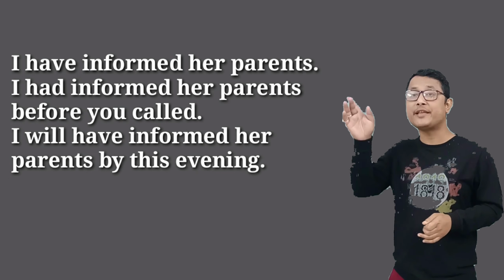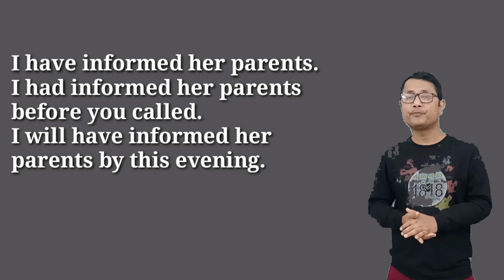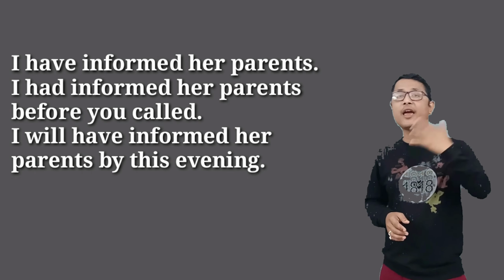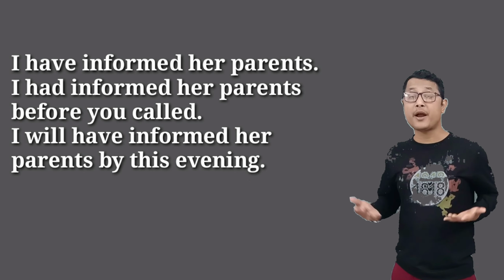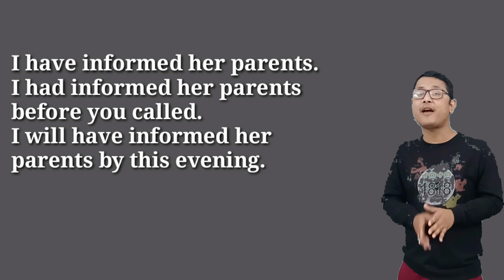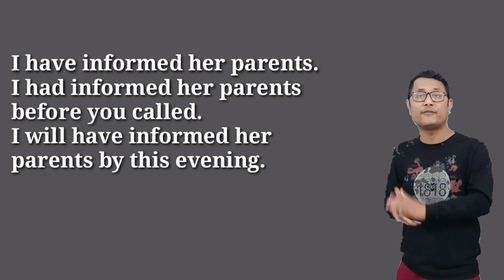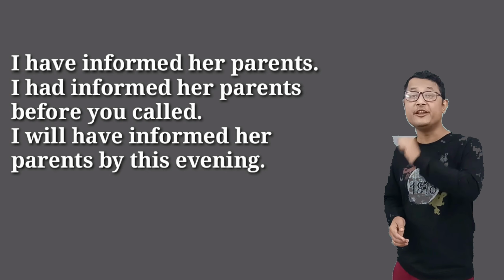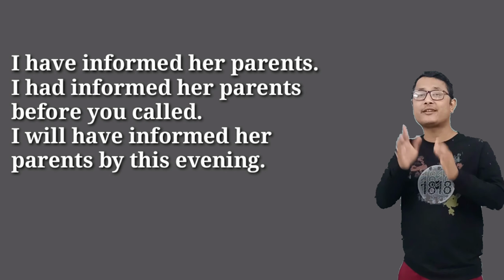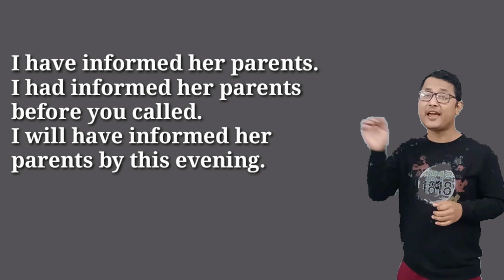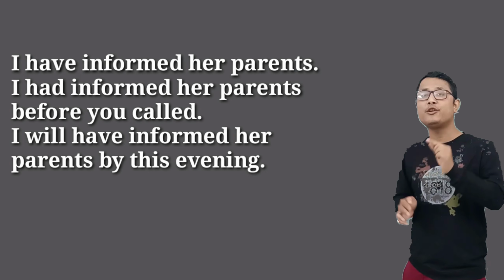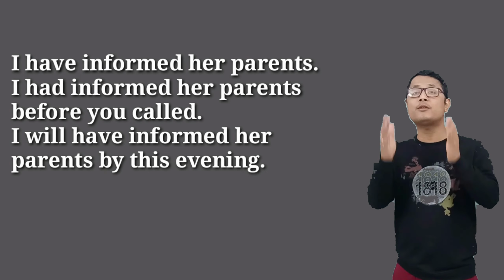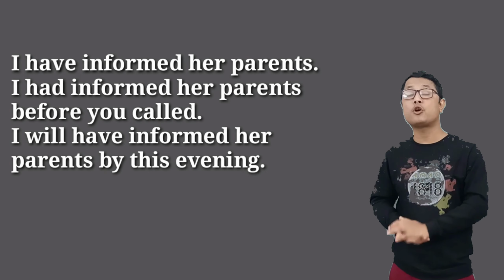So look at the sense of these three sentences. In the first sentence, I used "I have informed her parents." So I used "I have" and then the third form of the verb. So it is a sentence of present perfect tense. The next one is a sentence of past perfect, because I used "I had informed her parents before you called me."